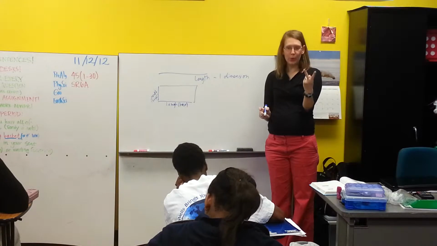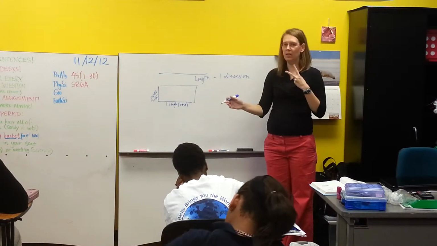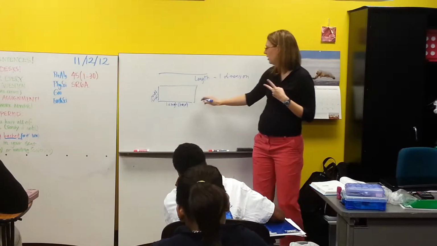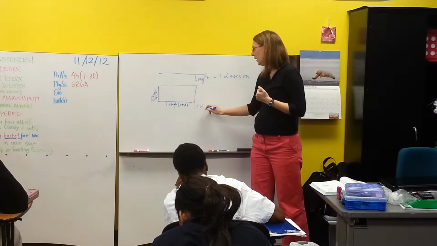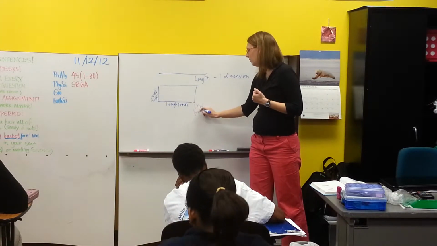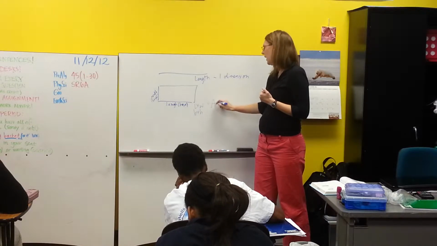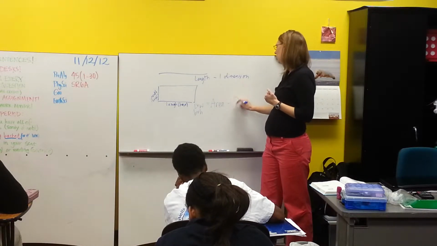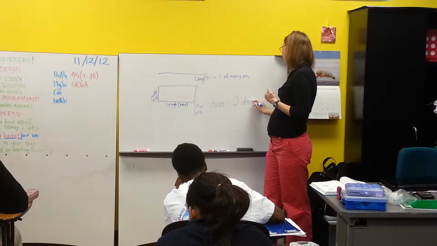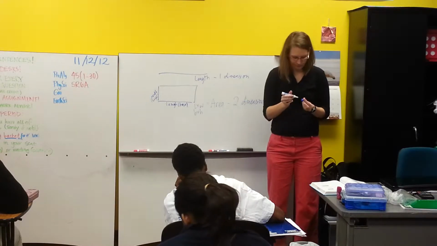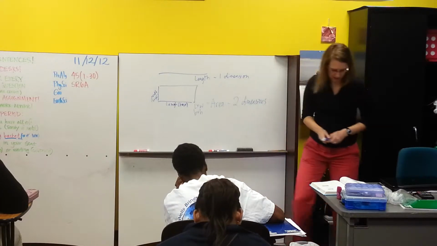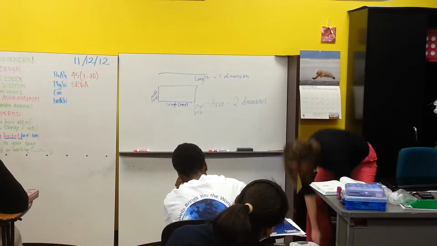So you have two different dimensions, right? So when we multiply length times width or base times height, we get area, which is two dimensions. So now, I'm going to wear shoes that don't stink today so you can see.